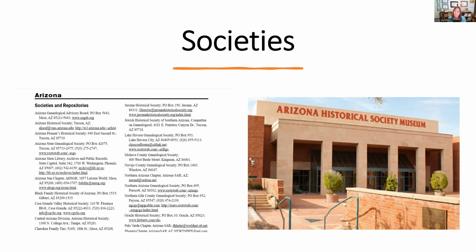And so they may have records that are not available at any other location. But in this list, in this particular book, you might see that there is a state society, or maybe there is a county one specific to the county that you're working in. So I would suggest you identify them and maybe contact them if you're having trouble finding the information you need.